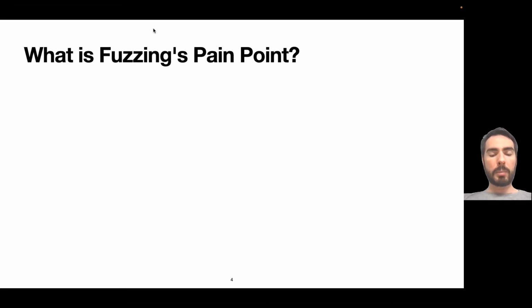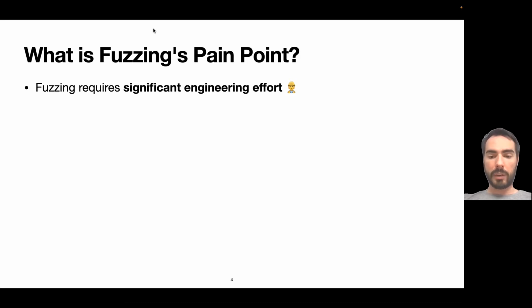While fuzzing is so effective and popular, it still has some important pain points. Most importantly, fuzzing requires significant engineering effort, which in some cases, like network servers, is quite high. We specifically mention and focus on network servers because network servers often implement a communication protocol which might be stateful.